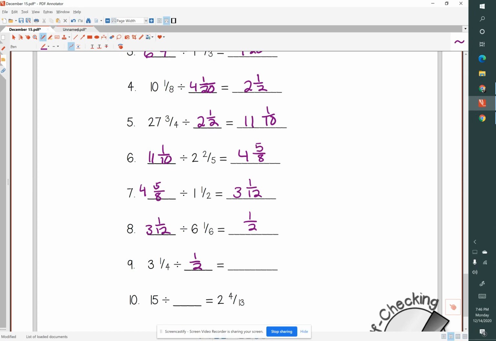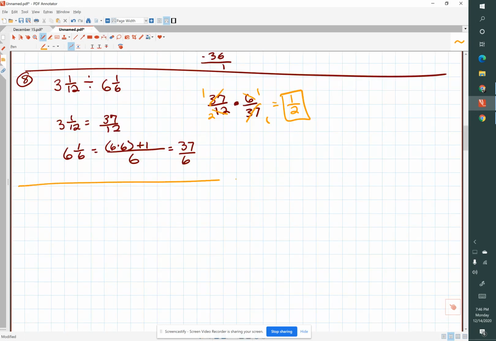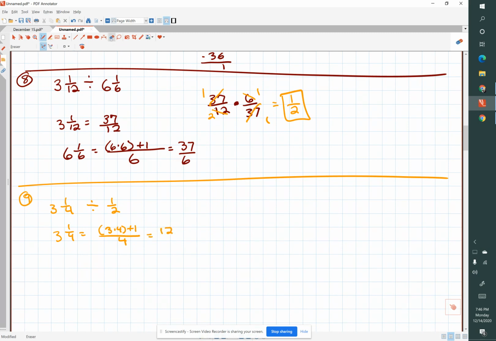Okay, let's do number 9. 3 1/4 divided by 1/2. So 3 1/4 equals 3 times 4 plus 1 over 4. 12 plus 1 is 13.